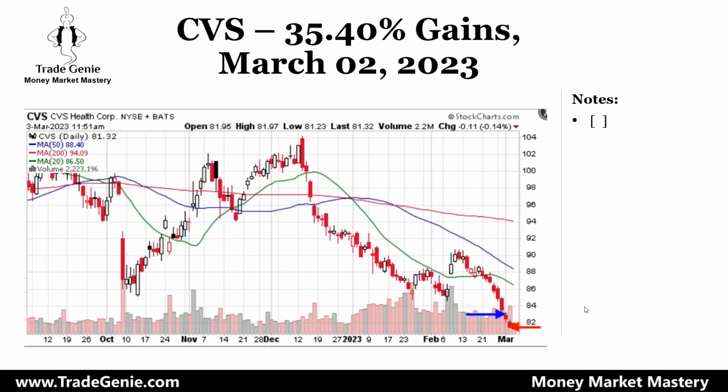Next one is CVS. CVS has a support at 81. So, quick profit, 35% gain, knowing that we are entering at 83, 81 is the target. From a $2 quick move, it started to break down here. I was actually a day late in CVS.